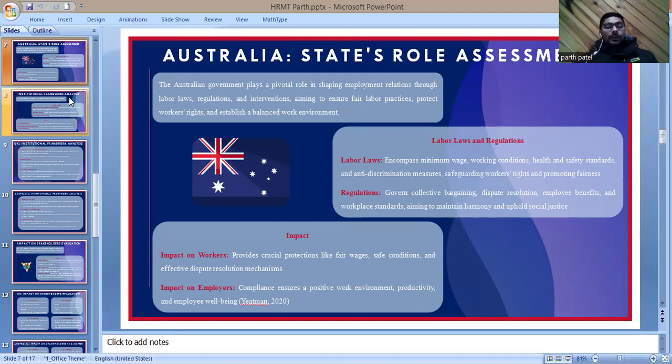Second, impact on employers. Employers need to abide by these regulations, which prevents legal problems, maintains a healthy environment for the office, and enhances productivity and employee well-being. They are focused on all such kinds of things.